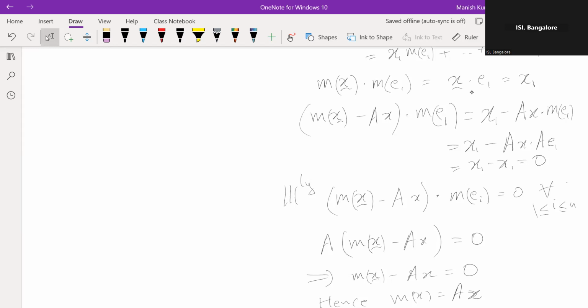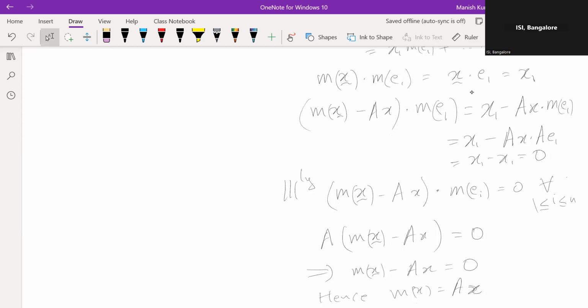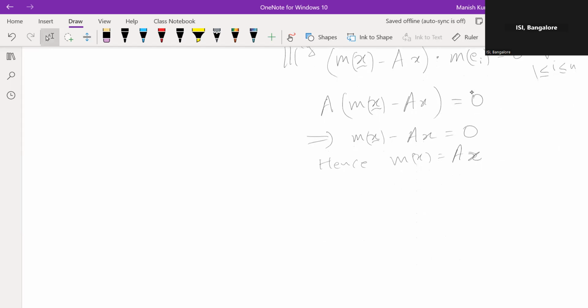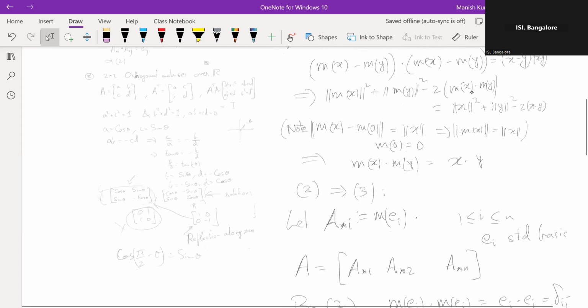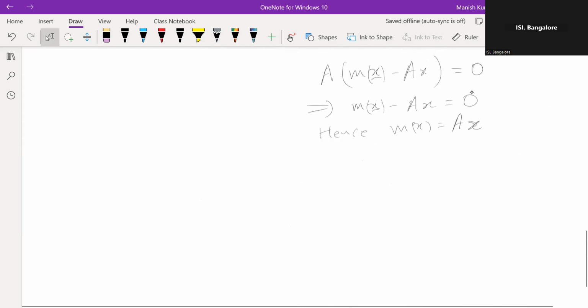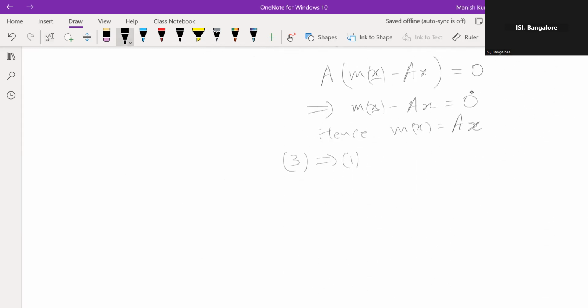Otherwise you will get an orthogonal set of bigger length than the basis, which is not possible. So either that or computationally, either way, you get that Mx is equal to Ax. So this proves 2 implies 3, and finally 3 implies 1.